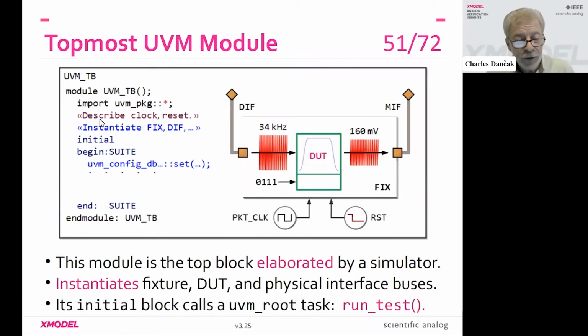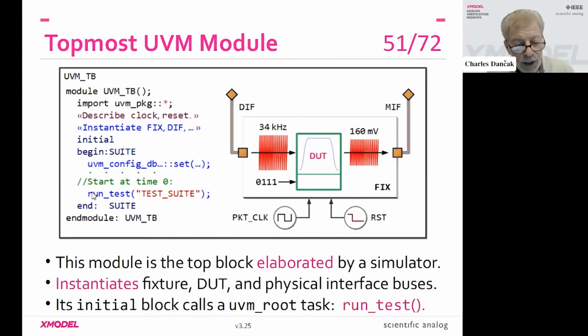And so this module, as we've mentioned, defines the periodic clock waveform, the reset pulse, instantiates the fixture, as well as the 2 interface buses that connect it with the class hierarchy. And it has an initial block, which is where we call set to put the dif and mif values into the centralized database.